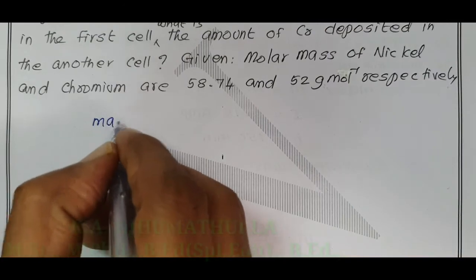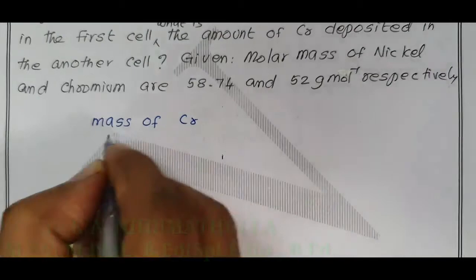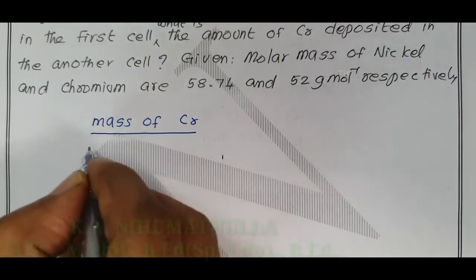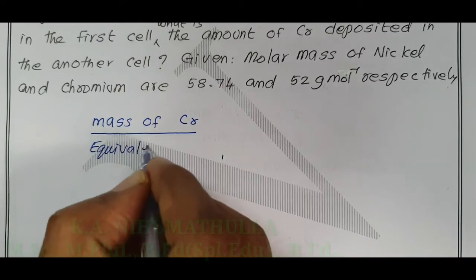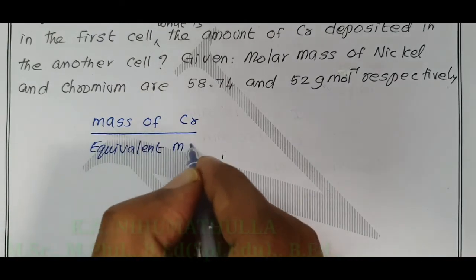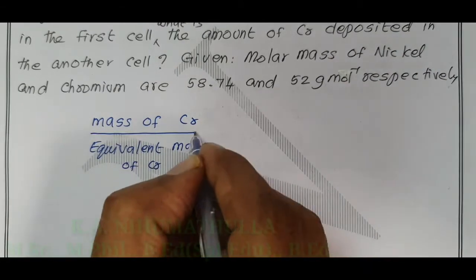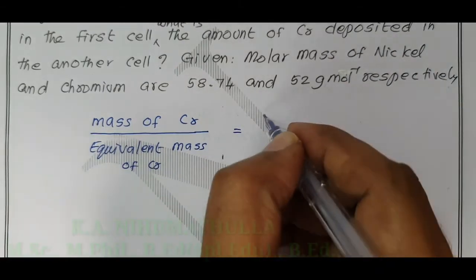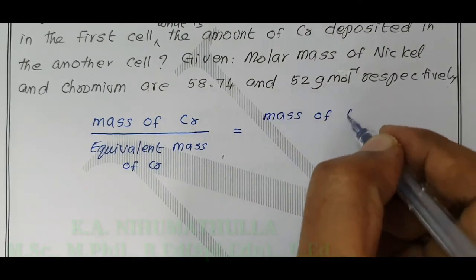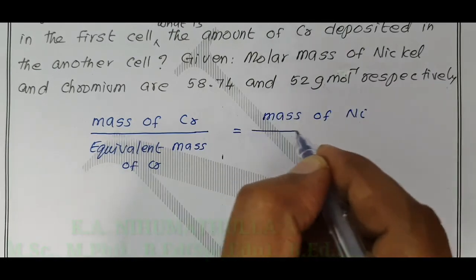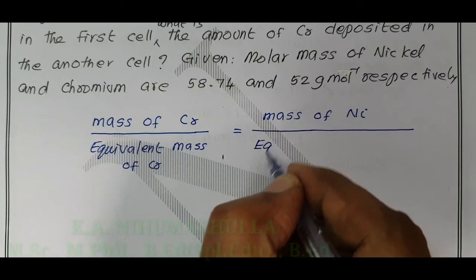Mass of chromium, which we have to calculate, divided by equivalent mass of chromium is equal to mass of nickel divided by equivalent mass of nickel.